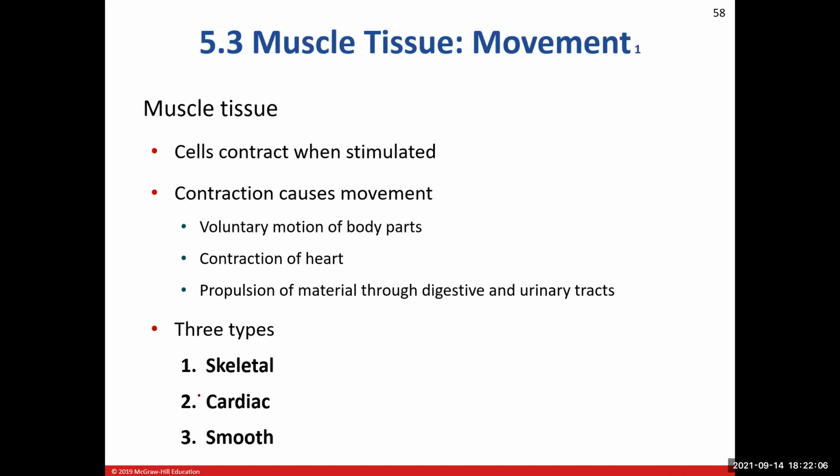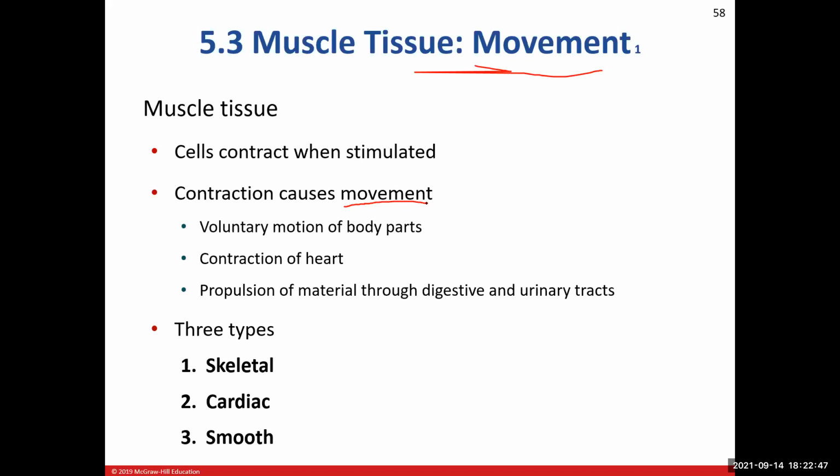So now I'd like to talk about our third tissue, which is muscle tissue. And of course, when you think of muscle tissue, you should be thinking of movement. Okay, so these cells have a certain amount of excitability. So when they are excited or stimulated, they will contract. And that contraction will cause that movement. So when movement occurs, it can move body parts, arms, legs, fingers, head, neck, shoulders, or it can move something else other than limbs or part of the skeleton, right?